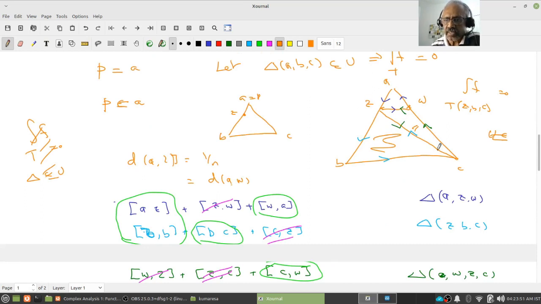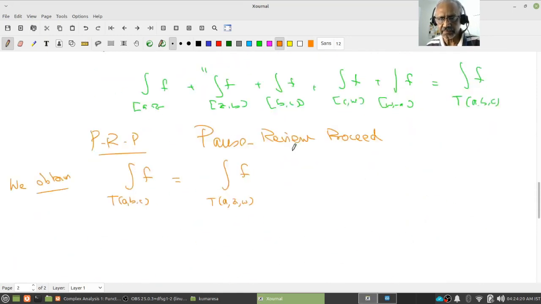The whole triangle is broken into three triangles. The point of problem, that is the point A, is a problem. So we do the divide and conquer trick. We isolate it, we put it in a very small place, and then try to estimate that separately. The path integrals of f over the other two triangles are 0, by the standard Cauchy-Goursat theorem.